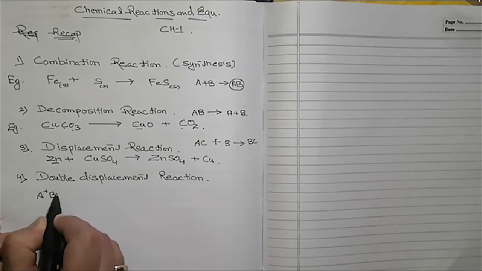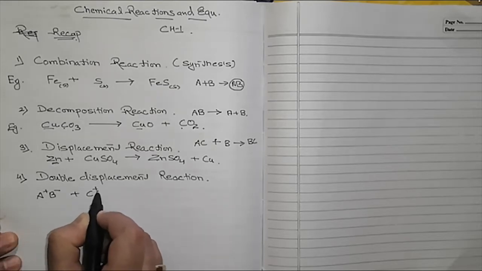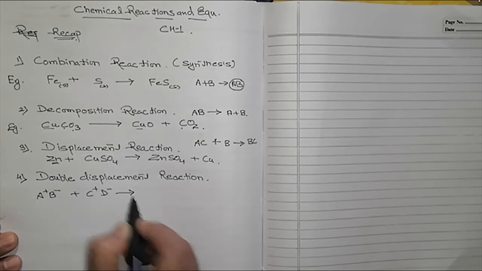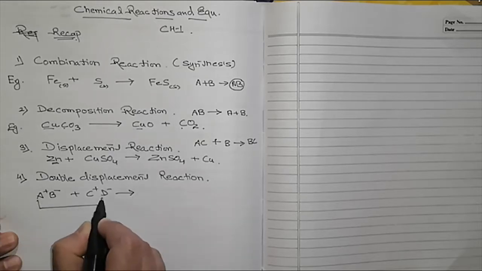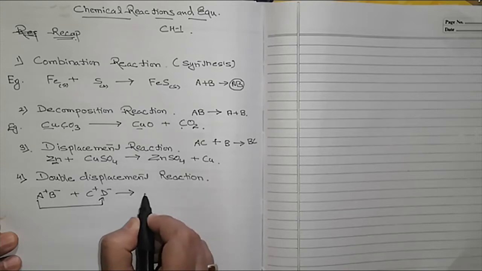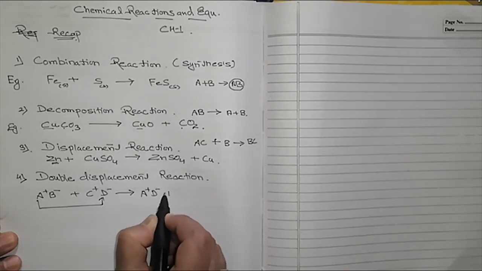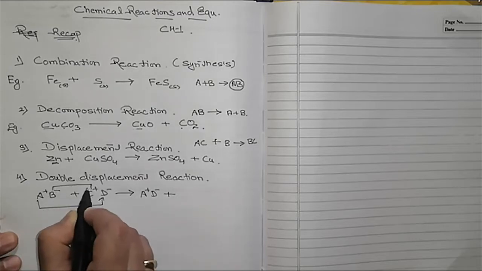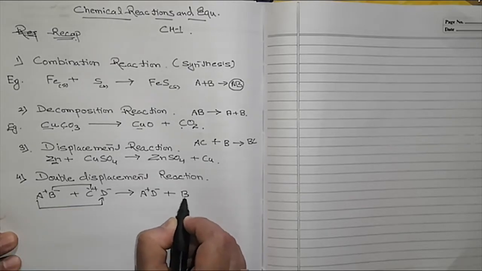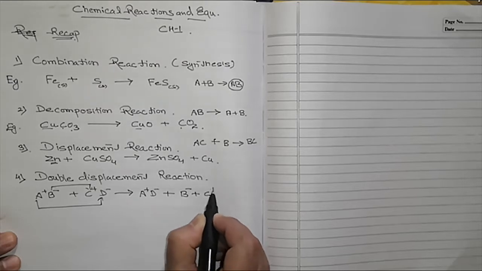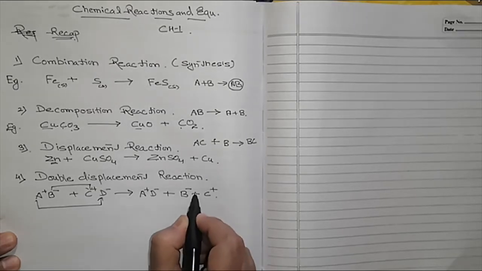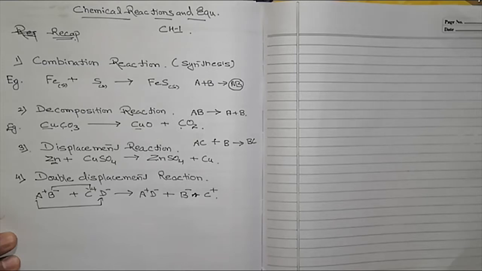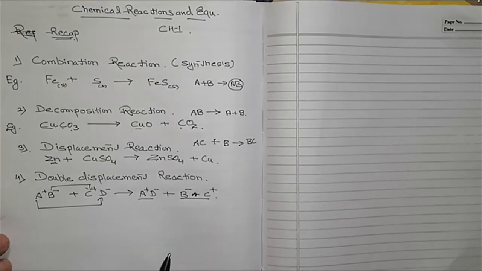A positive B negative plus C positive D negative will give, this A will get combined with D negative, so you will get A positive D negative, and then B will get combined with C, so B negative C positive, right? B negative and C positive, don't write plus here. So we are getting two new compounds here by the process of exchanging of radicals.